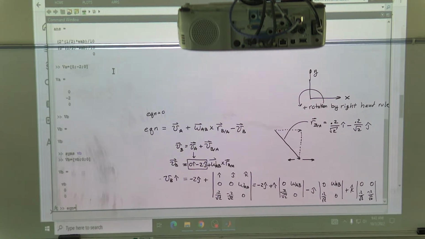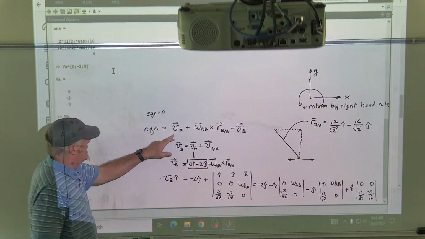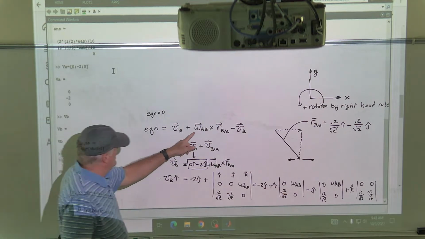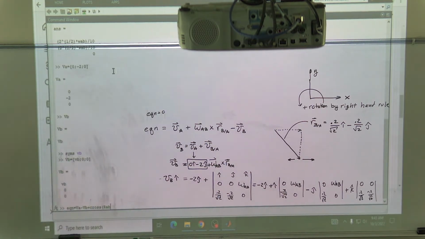EQN equals VA minus VB plus the cross product, but the omega has to come first. Omega AB cross R, which this is VA, but I've got to cross that omega AB, I believe. And so I get an equation set.